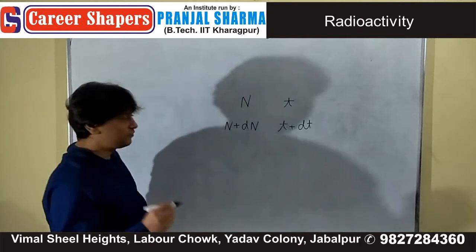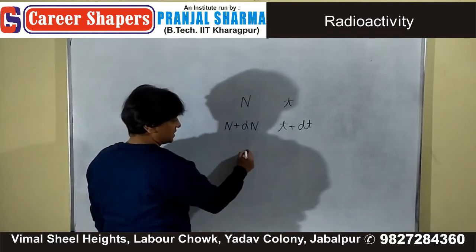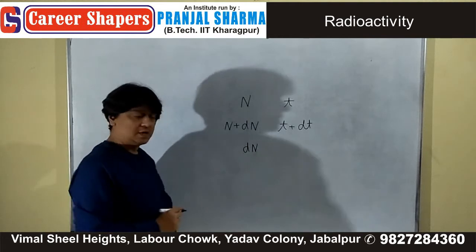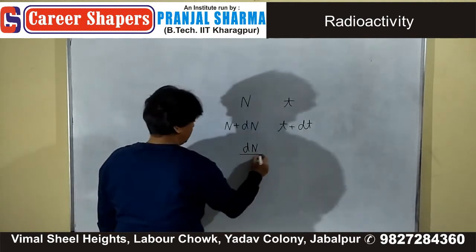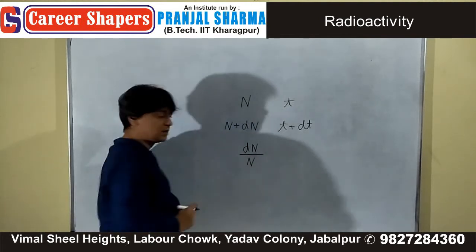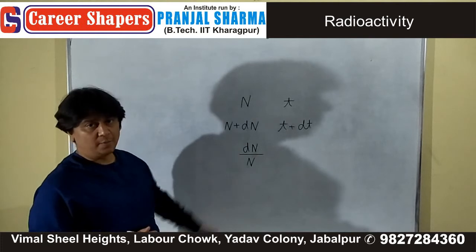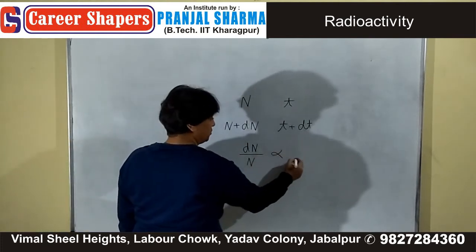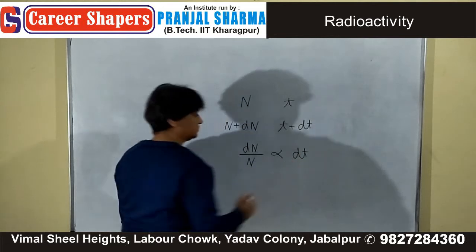Now, the law of radioactivity says that dN upon N is proportional to dt.